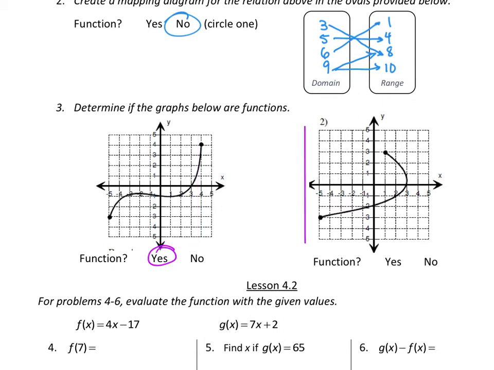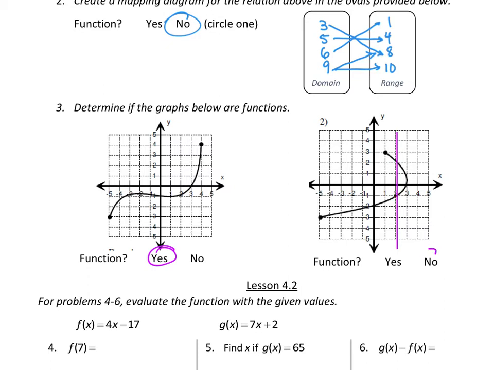If I look at the second graph, I'm going to use the same test, and you can see as I drag it along for some time, it only intersects at one point. But there becomes a point where, when I hit right about here, you can see that that curve is starting to fold on top of itself. And now my vertical line has 2 points that it crosses.